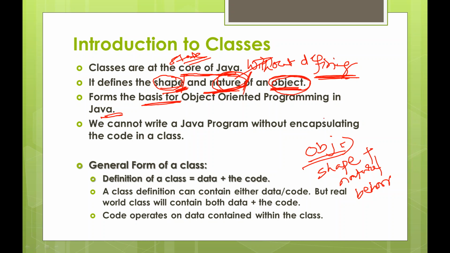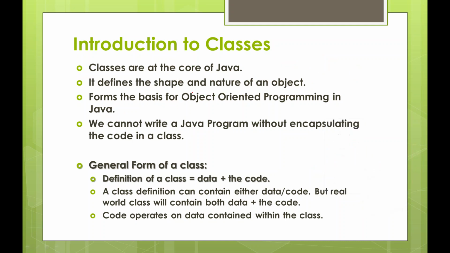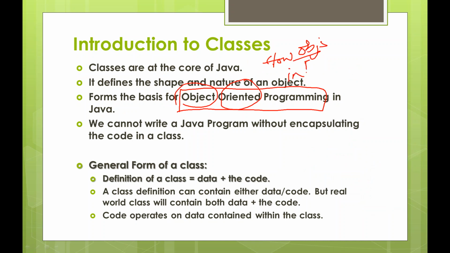Why do we call this object-oriented programming? It is based on objects. You can understand what exactly that means, right? How objects interact in real life.